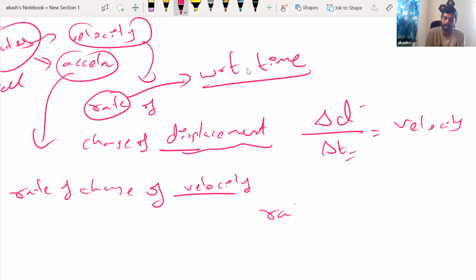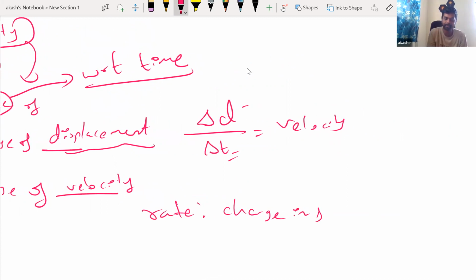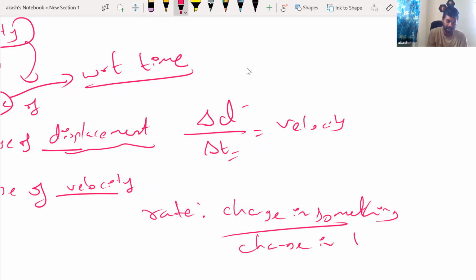So whenever we say a rate, it is change in some quantity divided by change in time. That is what we always tell when we talk about rate. Rate at which something is changing means, as time progresses, how that particular quantity changes is what is called rate.